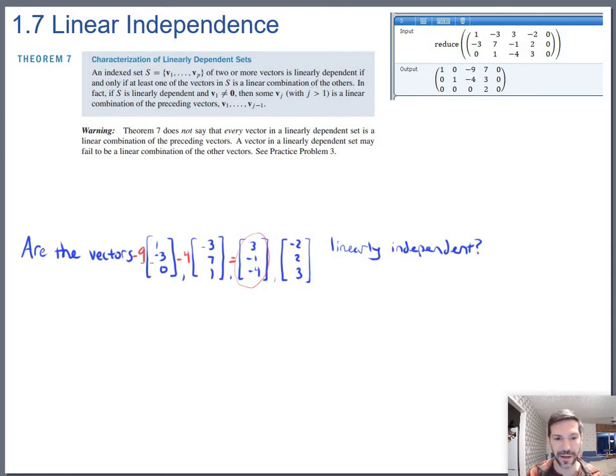Okay, and we just figured that out. -9 of this vector minus 4 of that vector is equal to that vector. So there's our one vector that's a combination of the others. And it says if S is a linearly dependent set, then some vector is a combination of the preceding vectors. So the third one was a combination of the first and second ones.